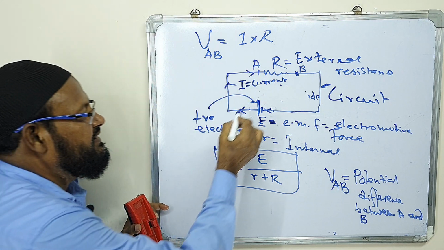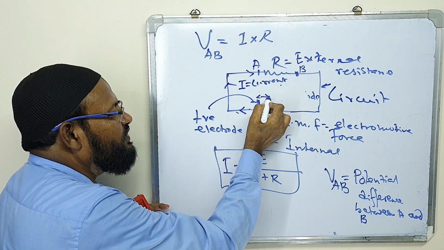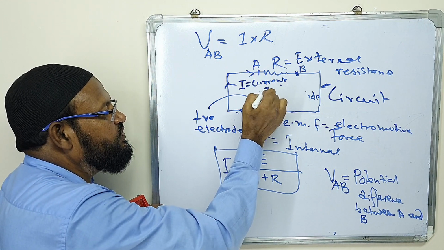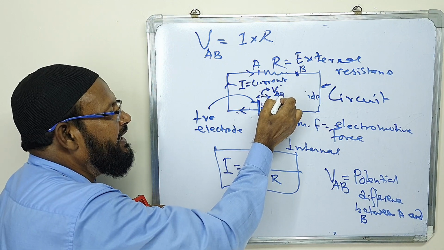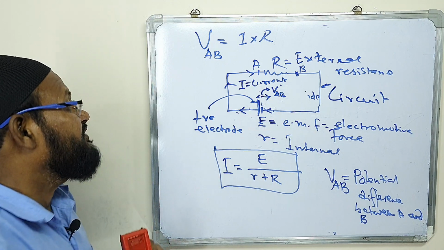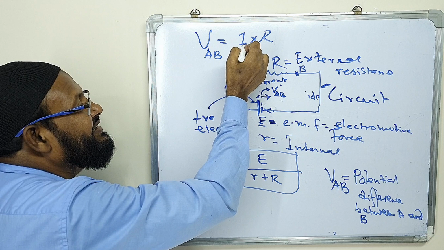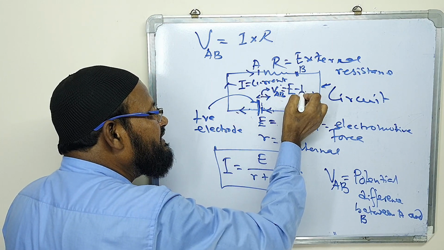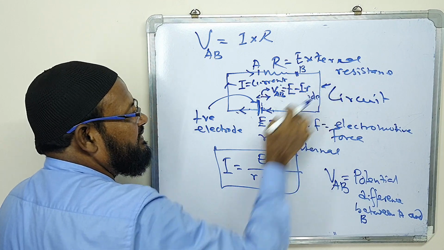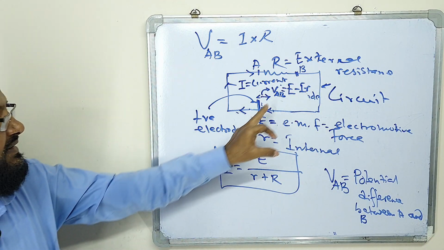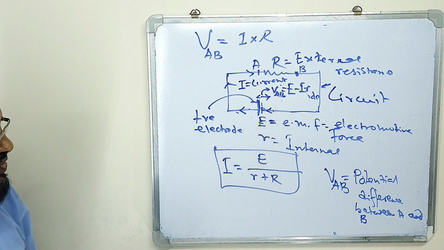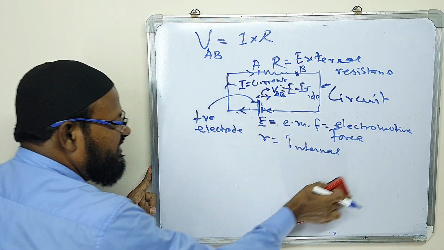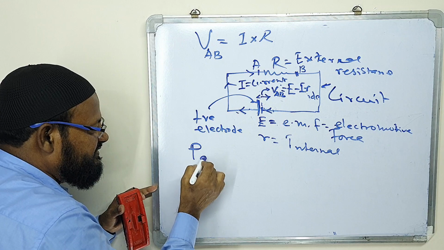That potential difference is also between the two electrodes. Here also this is VAB. And what is the formula? Here the formula is I into R, and here the formula is E minus IR. Please see here, the potential difference between two electrodes. What is the formula?